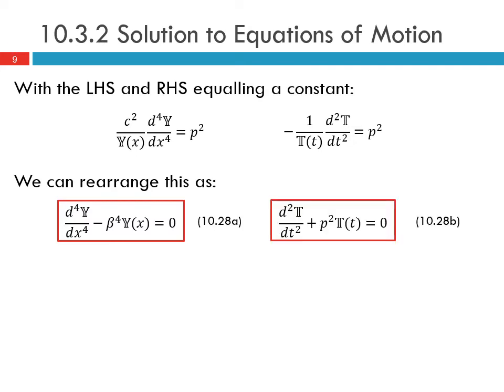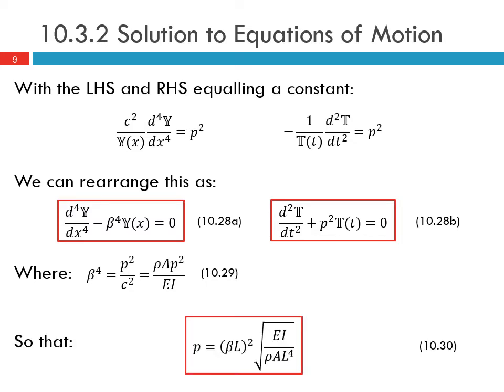And we can rearrange this right-hand side one with just our function of time as d2t by dt squared plus p squared t of t is equal to 0. Where here beta to the fourth is equal to p squared over c squared, which is equal to rho a p squared over EI. So that p is beta L squared times the square root of EI over rho a L to the fourth.